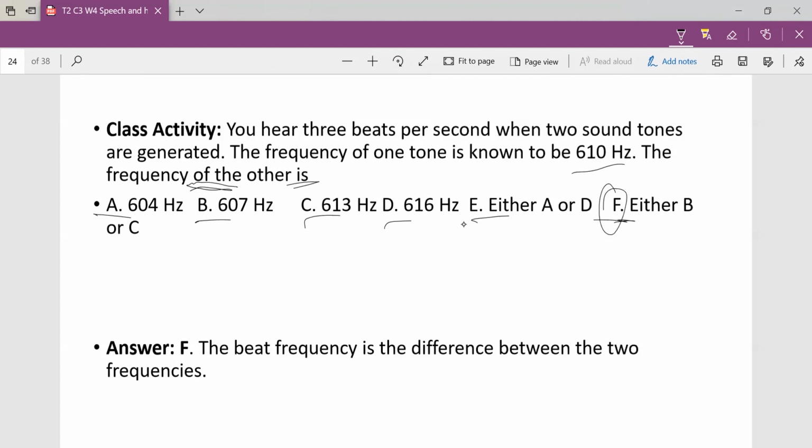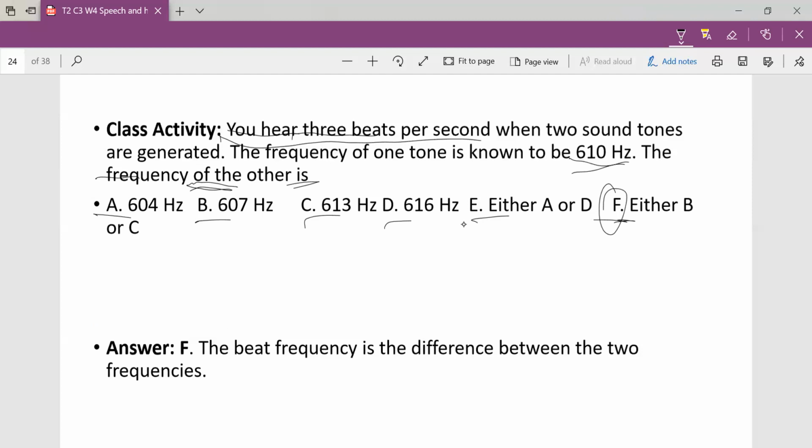Why? They give us the frequency of one, and they're asking us to look for the frequency of the other. They also gave us the beat frequency, which is 3 beats per second. So if the frequency of one is given, the other is going to be plus or minus 3.